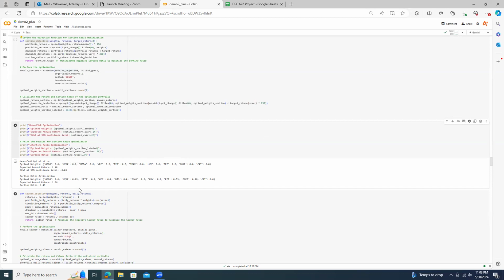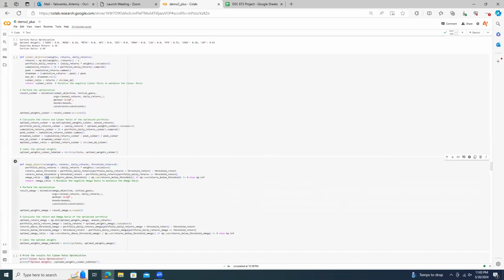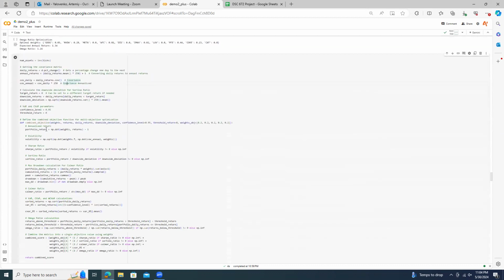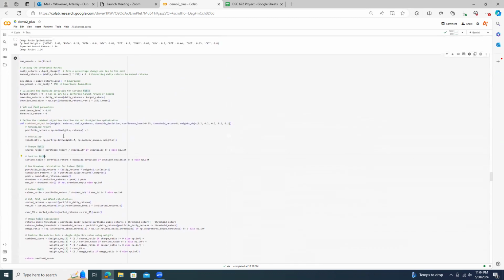And then for the Sortino ratio, it's a little bit more spread out. And for the Calmar ratio, they're the same thing. And the same thing for the omega ratio, and we got numbers here as well. And then this was my attempt at optimizing the portfolio with everything. We wanted to see if we can optimize the portfolio based on the best values of Sharpe, Sortino, Calmar, Omega, conditional value at risk, and value at risk.